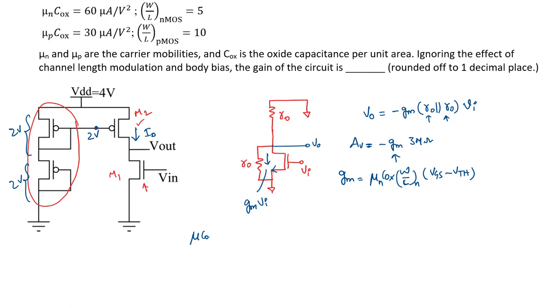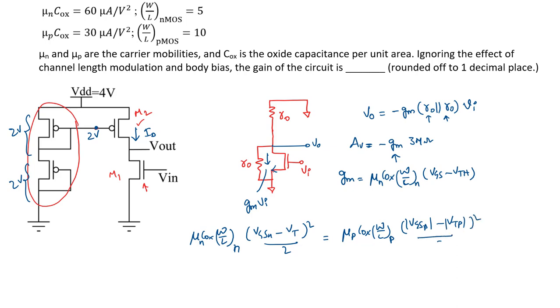So let me write mu N Cox W by L of N times (VGS N minus VT) whole square by 2 should be equal to mu P Cox W by L P times (VGS P magnitude minus VT P magnitude) whole square divided by 2.